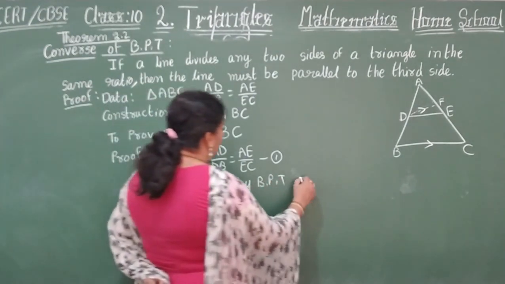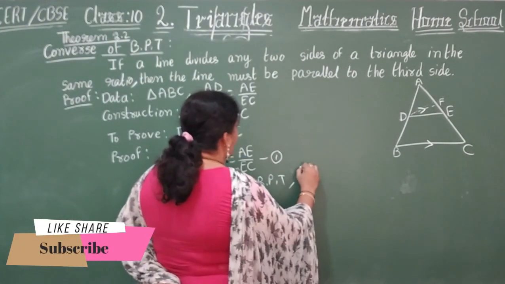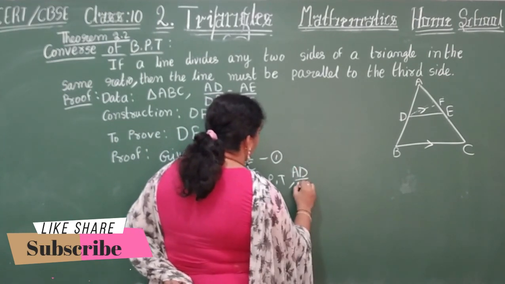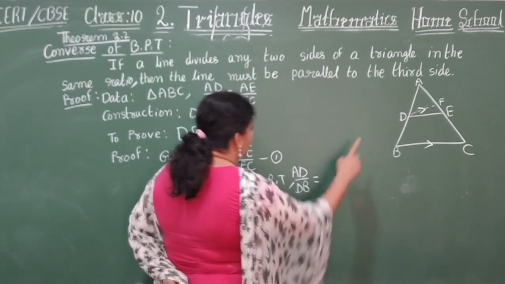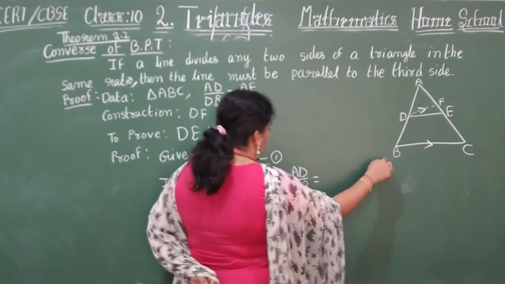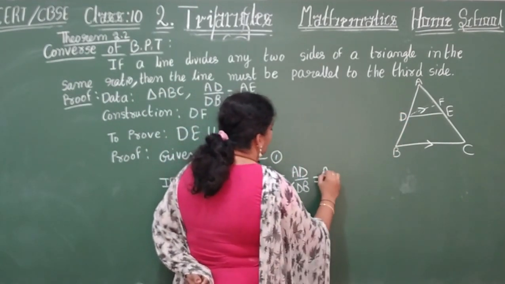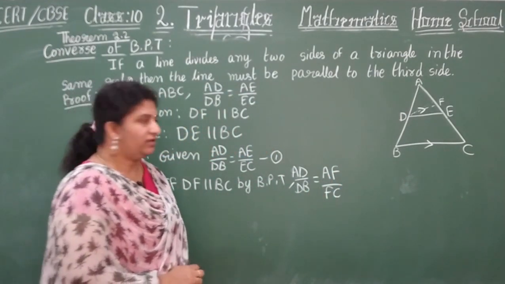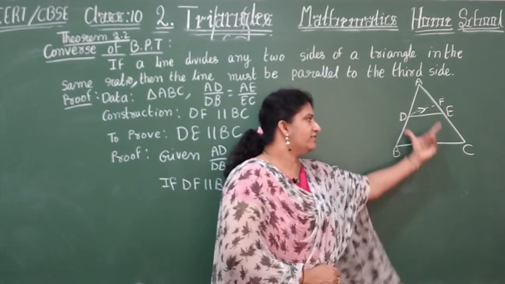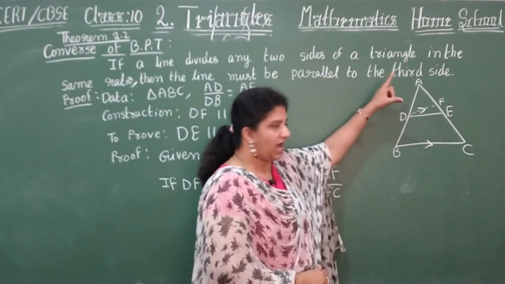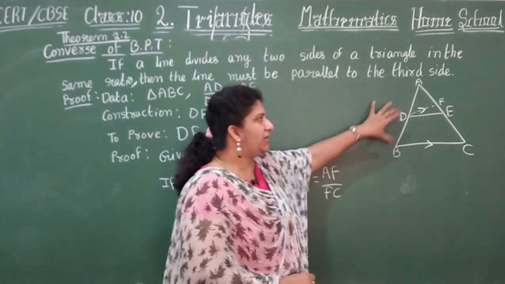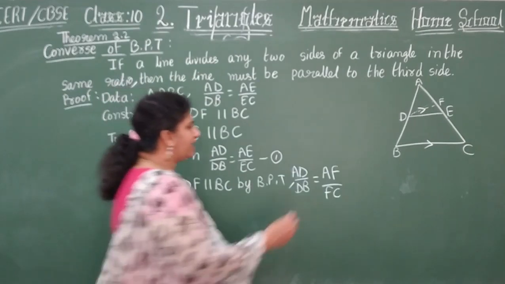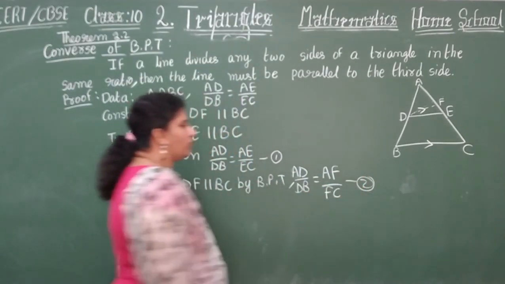By BPT, I say that AD by DB is equal to AF by FC. Observe there carefully in the figure. Forget about E there. If DF is parallel to BC, I say that AD by DB is equal to AF by FC. So let us mark it as second equation.